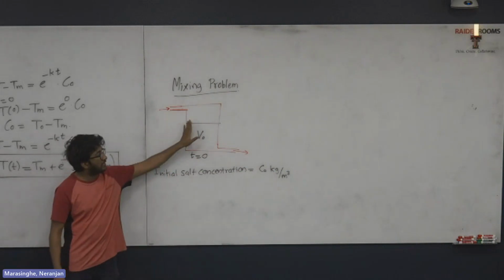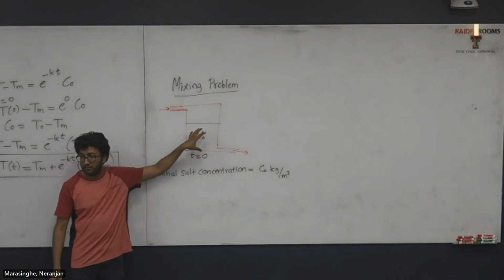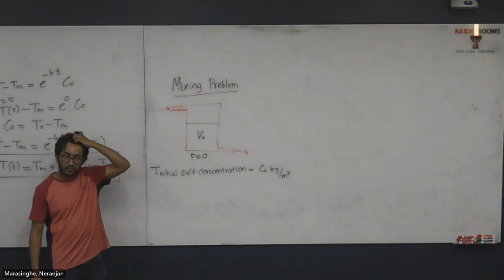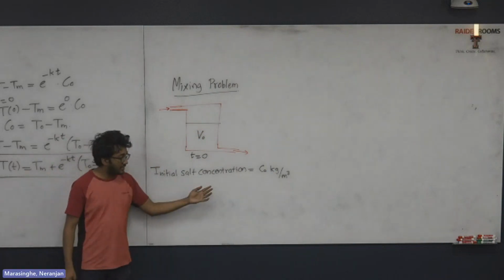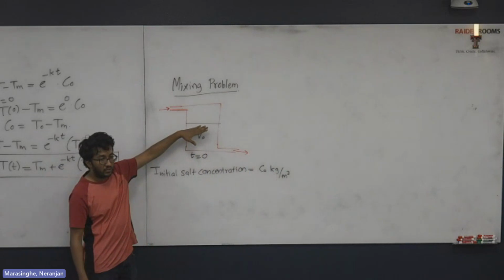So what is the total mass of salt inside this volume? The concentration is C naught, and the initial volume is V naught. So what can you say about the initial mass of salt?